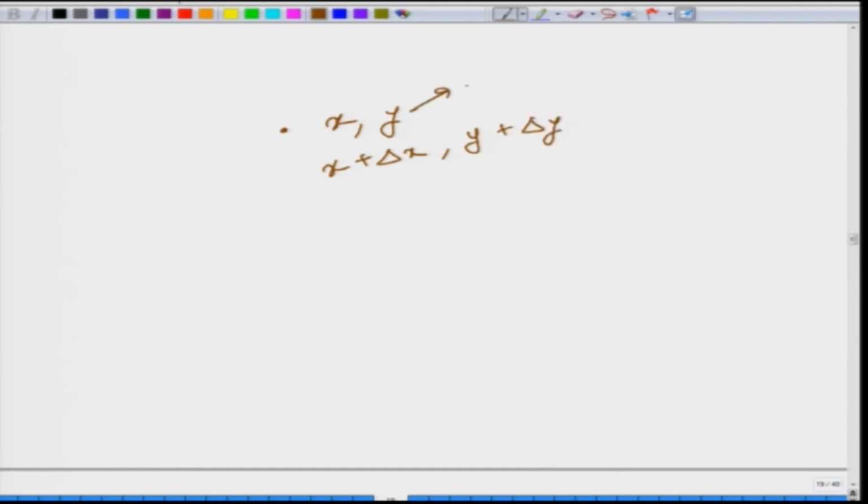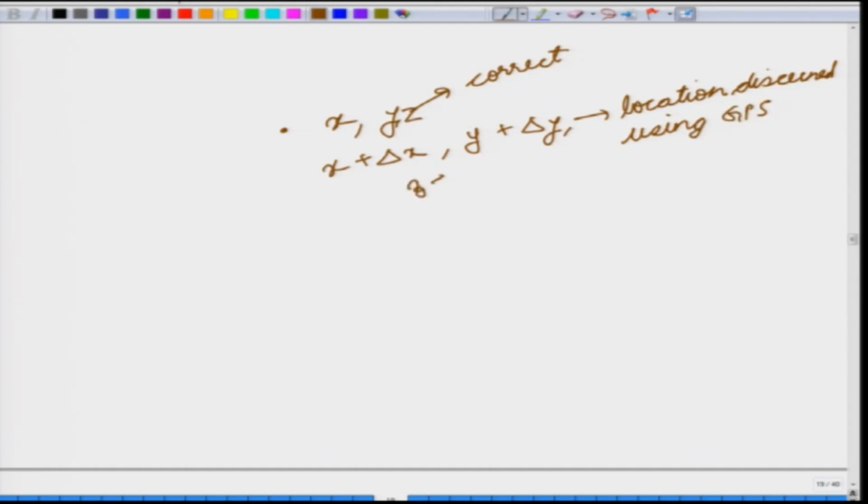So, this is the correct location and this is the location discerned using GPS, or let us call it in 3 dimensions x, y, z, and the discerned location is x plus delta x, y plus delta y and z plus delta z. So, this is your location that was discerned using the GPS.